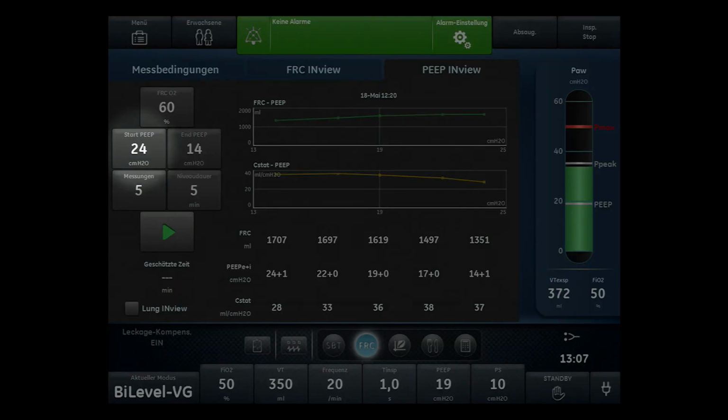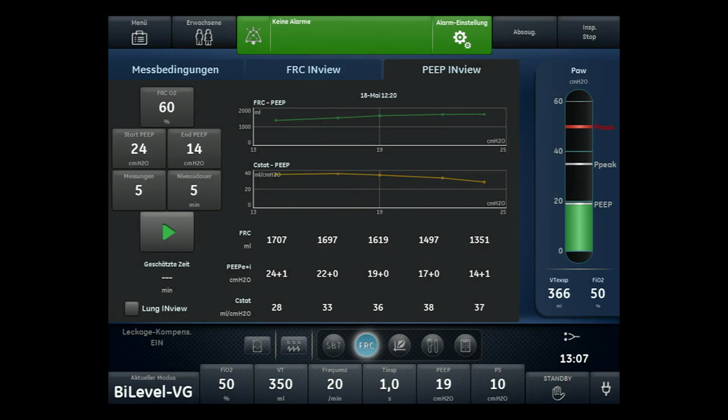In our ward, we traditionally perform what is called a decremental PEEP trial to prevent atelectasis formation during the measurement. We started with a PEEP of 24 centimeters H2O, and after 5 measurements, we then ended the trial at a PEEP of 14 centimeters H2O. We had performed a recruitment maneuver on our patient beforehand, and now we can read the recruitment result directly by means of the measurement.